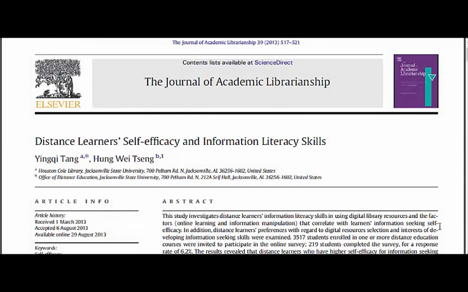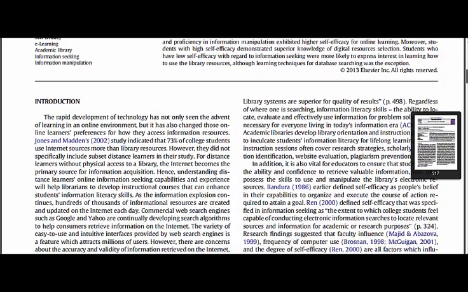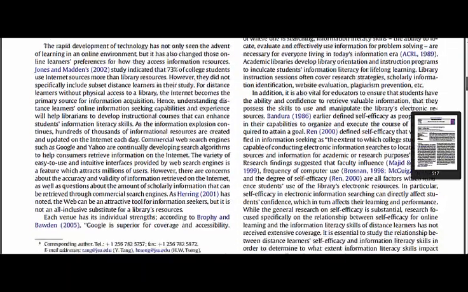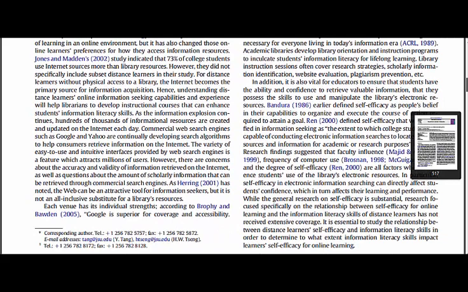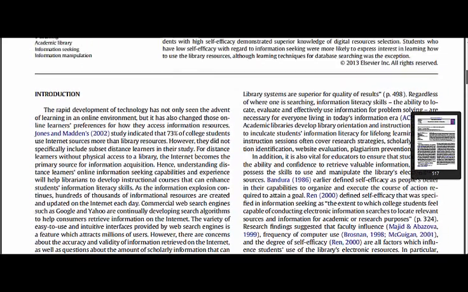The fourth criteria we're applying is purpose. Purpose refers to the reasons for authoring the article. This article was authored and published to inform the academic community about the research that was conducted at the Jackson State University, which focused on the information literacy skills of distance education students.